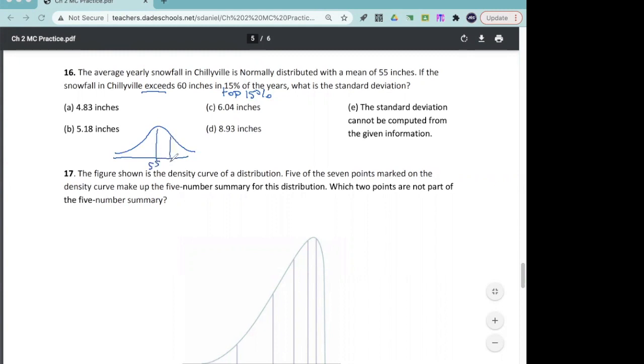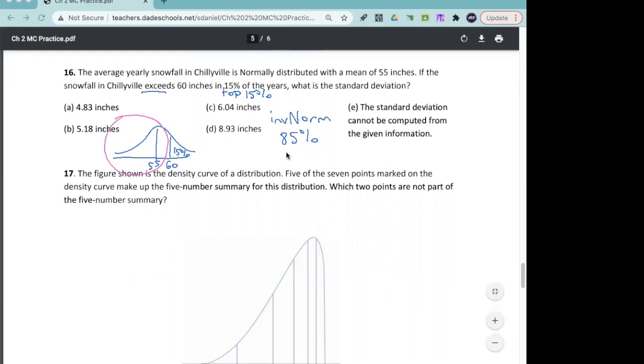And 60 will be somewhere, I don't know exactly where, 60. So 15% will be over here. So your first job is to do the inverse normal for this to get the z-score. And the proportion that you're looking at is that 15%. You might want to do that proportion would be 85% really. That's probably the best way to do it, because most of your calculators will only be doing the bottom part. So if the top is 15%, then you're really looking at the 85% to get your z-score.